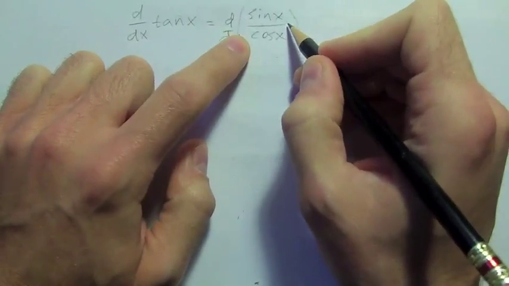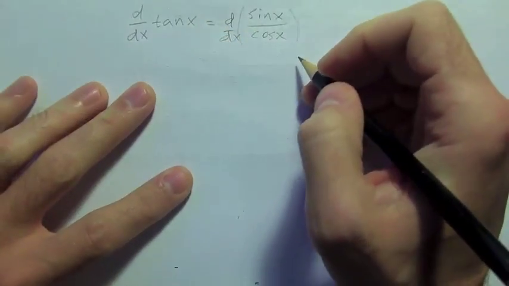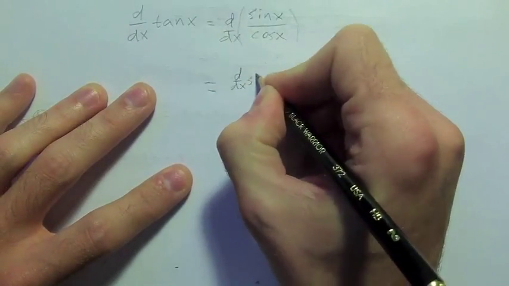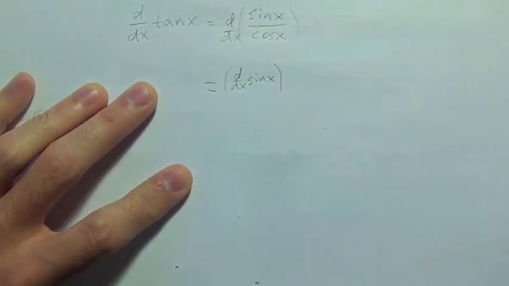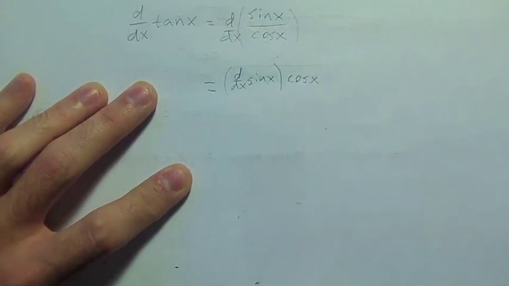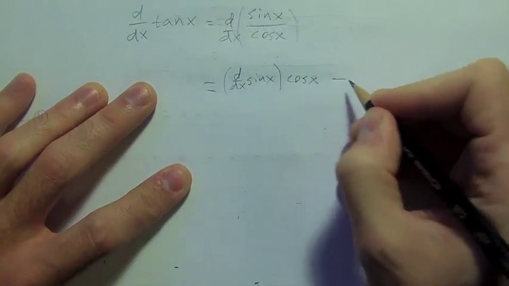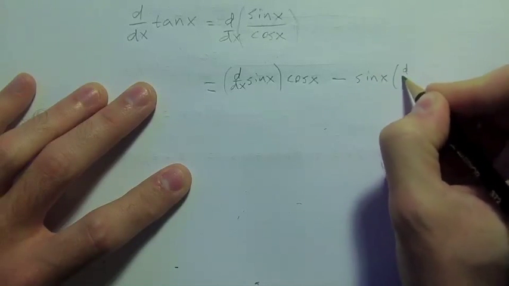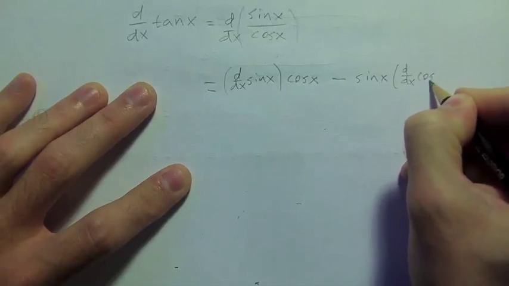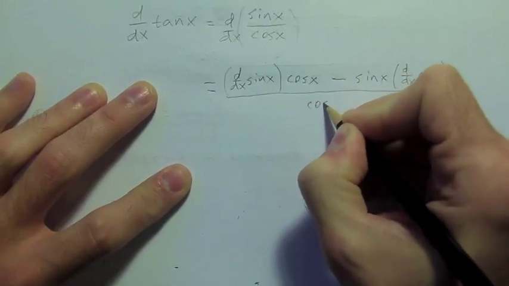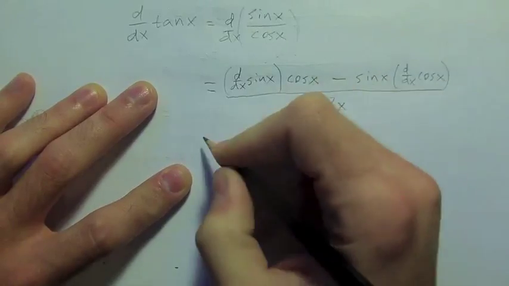And I can take the derivative of this using the quotient rule, right? So the quotient rule says that this will be the derivative of the top, so the derivative of sine x, I'll write it out very explicitly, times the bottom left alone, minus the top left alone, times the derivative of the bottom, all over the bottom squared.